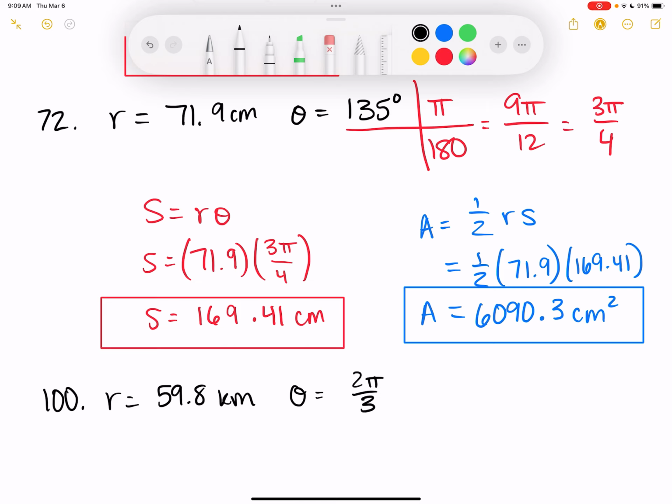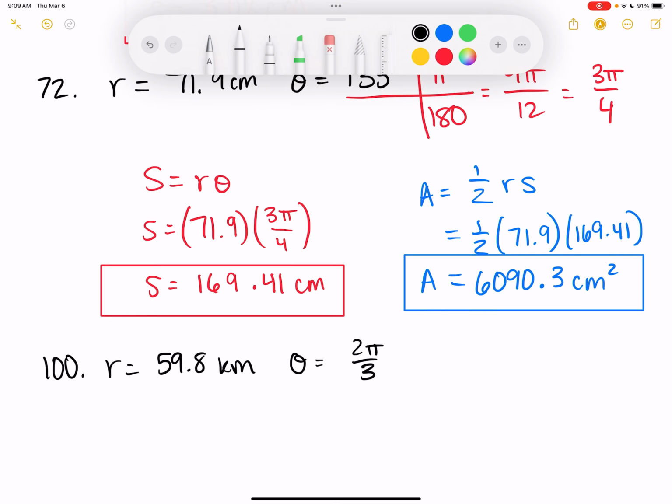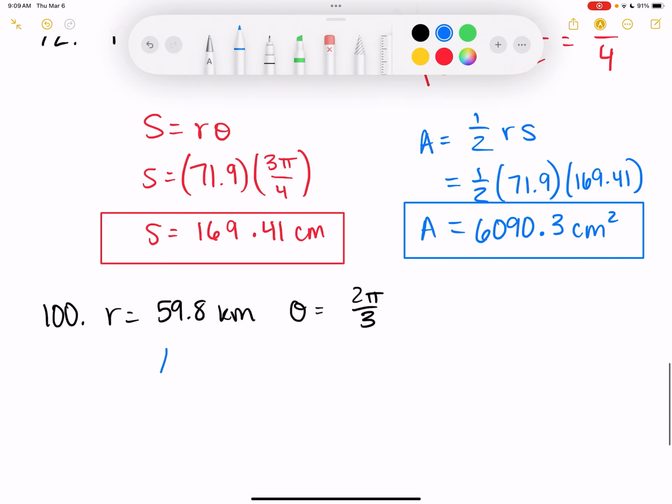So the formula, if I have not already found S, which again, you can do it either way, even though this problem doesn't ask you for arc length, you could find arc length first if you prefer that method. So I'm going to have area equals 1/2 R squared theta. So that's the formula if I don't have S. And then I just plug in, nice and easy. So 1/2 times 59.8 squared times 2 pi over 3.